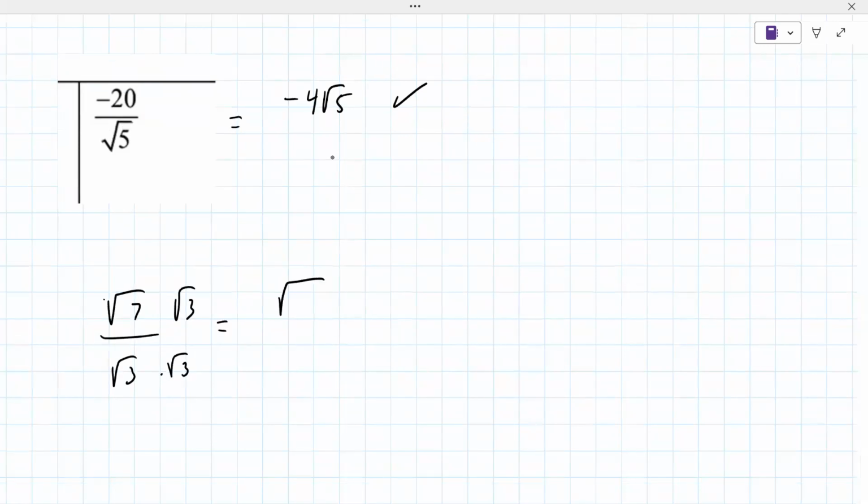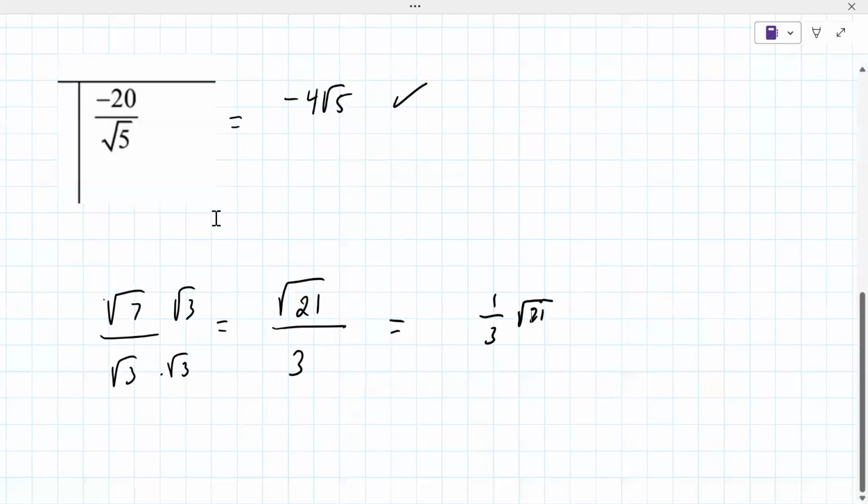Now, it's a root times a root. It stays inside, and then sometimes you just can't do anything with it. For example, for the first one in number 2, you would multiply it by square root of 3 over square root of 3 to get the denominator.